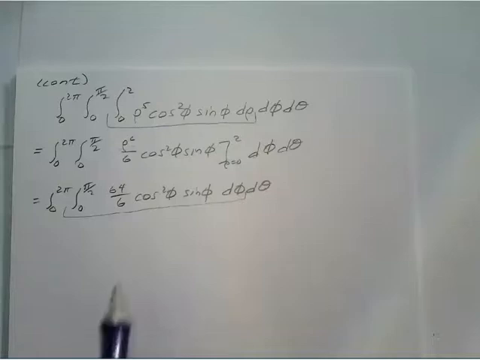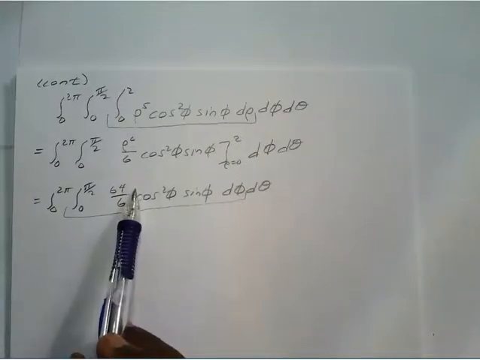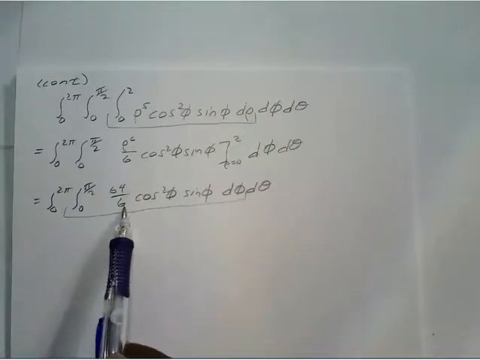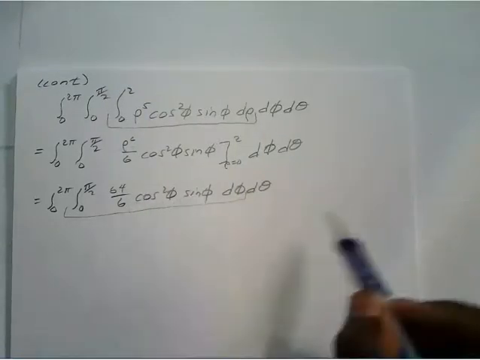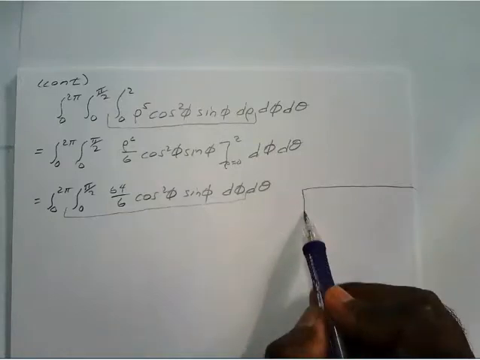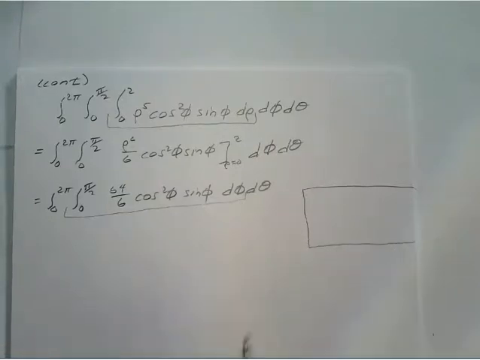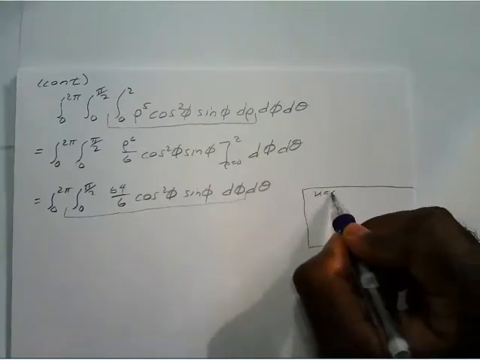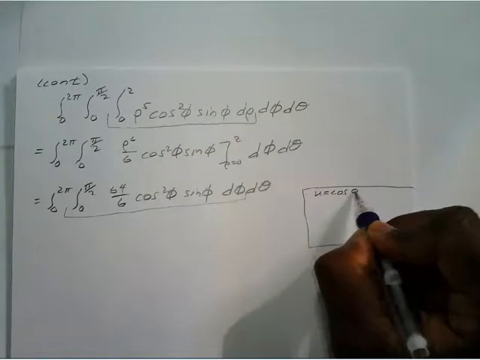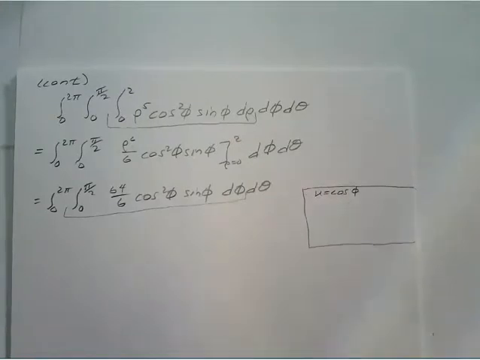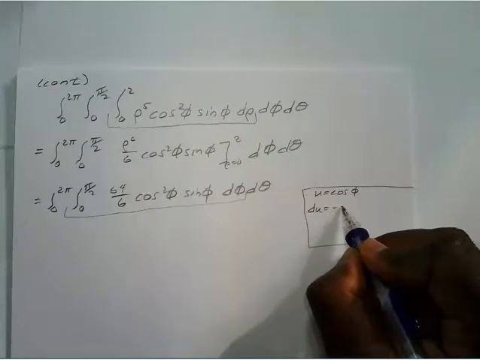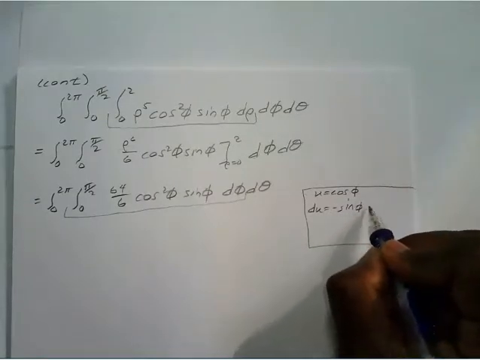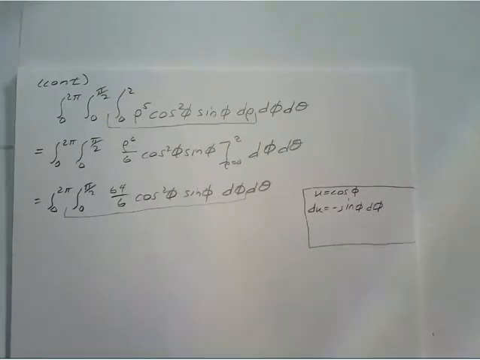Okay, so that's 64 over 6. If you want, you can bring that on the outside. But to integrate this, remember, you make u equals cosine of phi. And our du is equal to negative sine of phi with respect to phi.